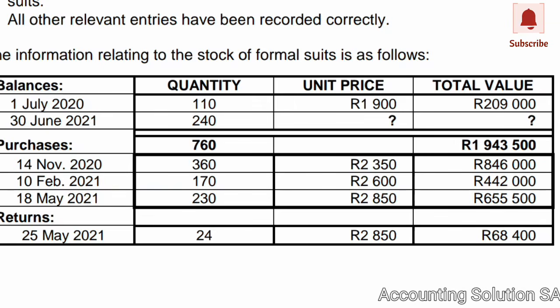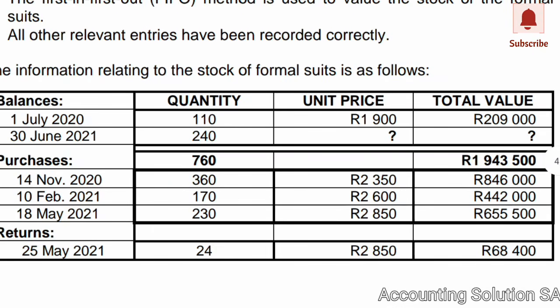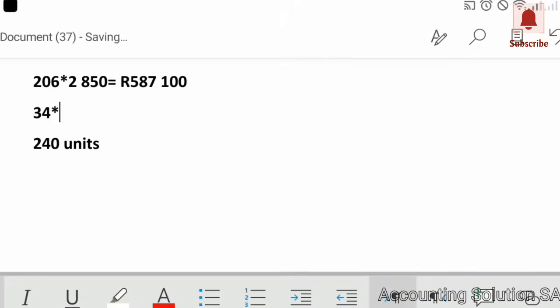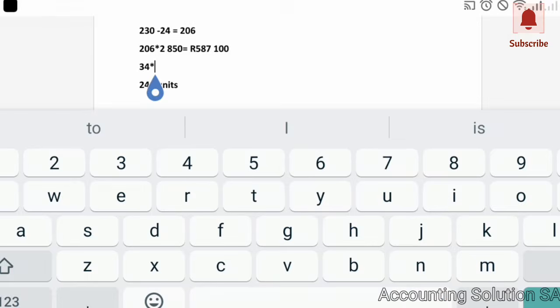Because we sold the inventory from top going down, because it's first in, first out, which means that we sold from the opening balance going down, which means that the one that we are going to be left with is from down to up. I think it's simple in that way. Okay, which means that on the 170 batch, the unit price was 2,600, which means that we have to multiply by 2,600.